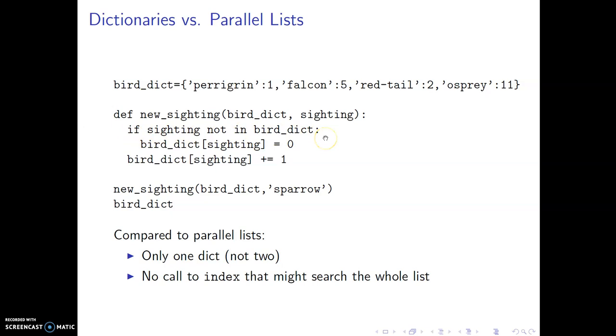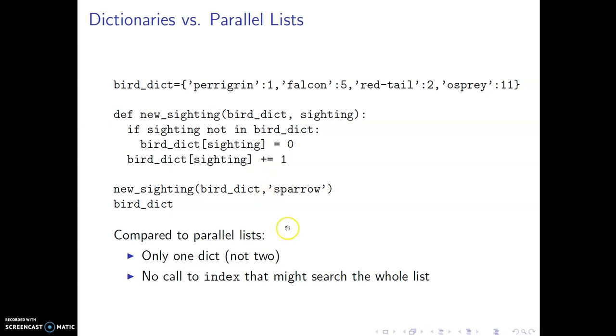Starting off with the same if statement, if sighting's not in the bird dictionary, then we're going to create a place for that new sighting, assign it a value of 0, and then increment it. So notice how much simpler this is. It automatically will update and add a new observation to the dictionary, which will be sparrow, and sighting 1.